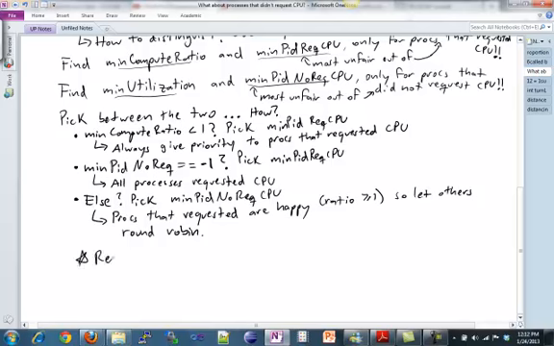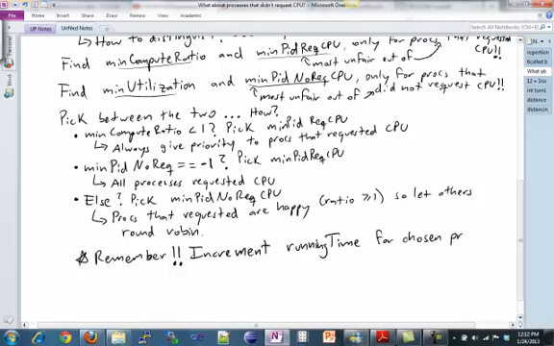You have to remember that you have to increment running time for the process that you picked before returning it.